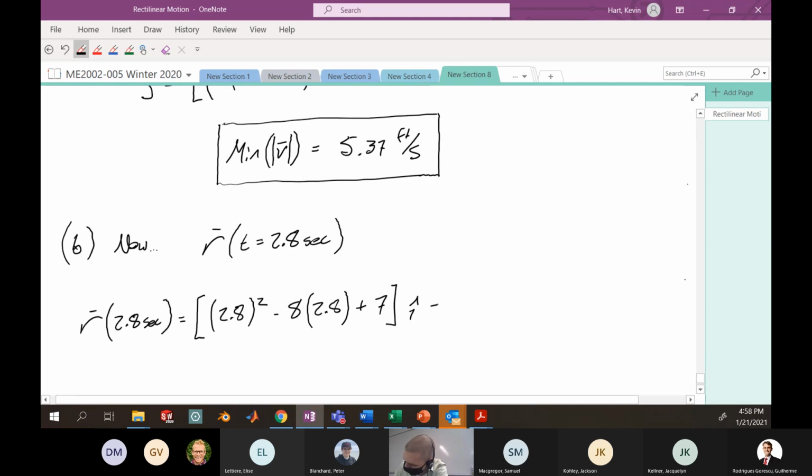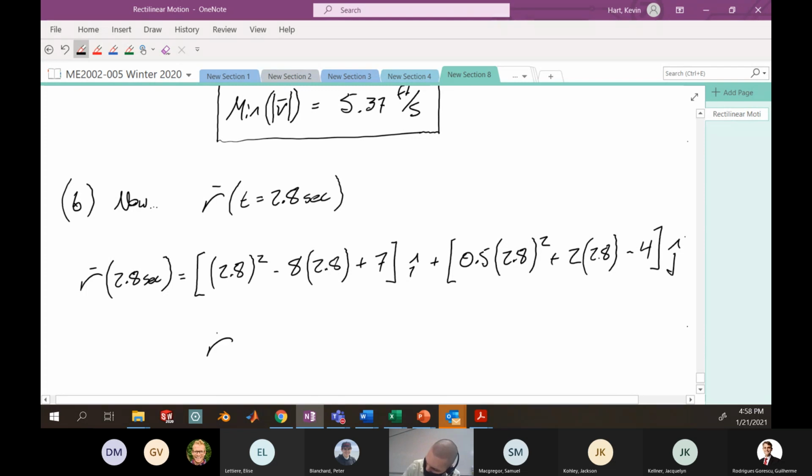in the i. And I'm going to add to that what's going on in the j. This is 0.5 times t squared. This is 2.8 squared plus 2t. That's 2 times 2.8 minus 4 j.